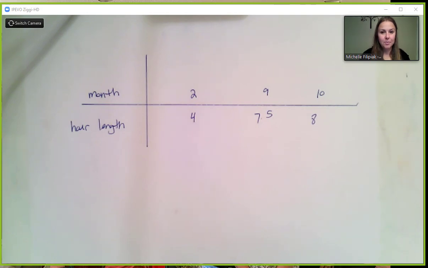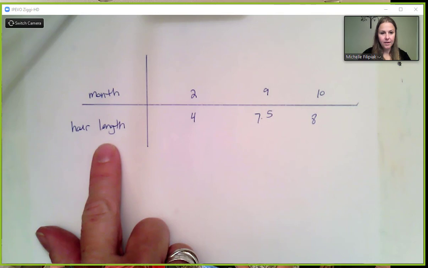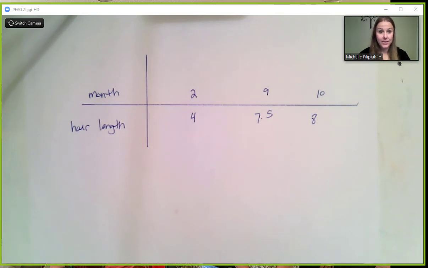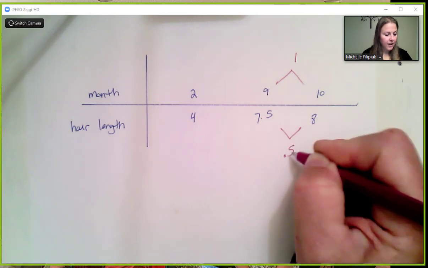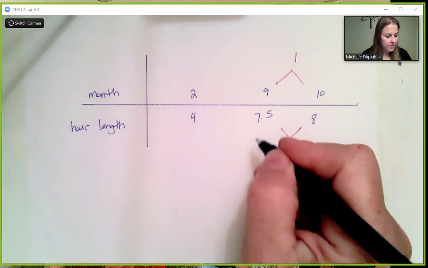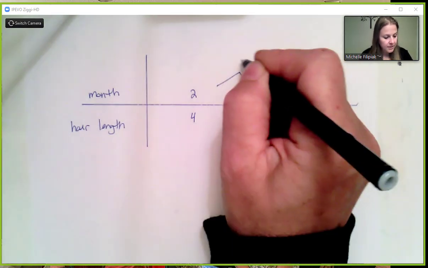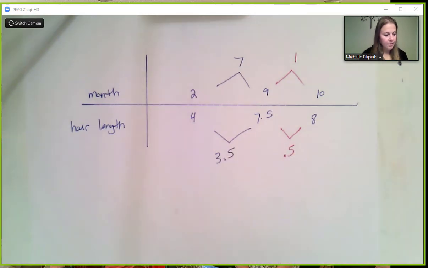All right, go ahead and hit pause and see if you can figure out this slope. This is the months and the length of hair. So hopefully you got 0.5 and 1 for this amount, and then this amount is 7 and 3.5.